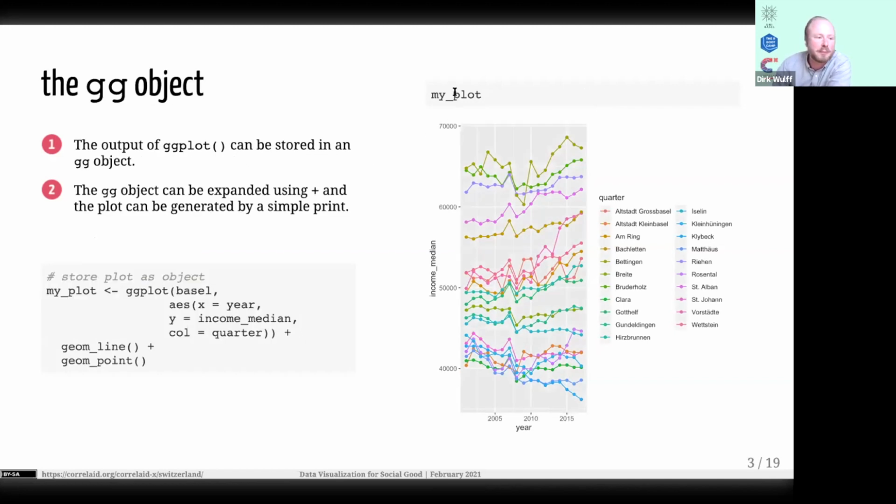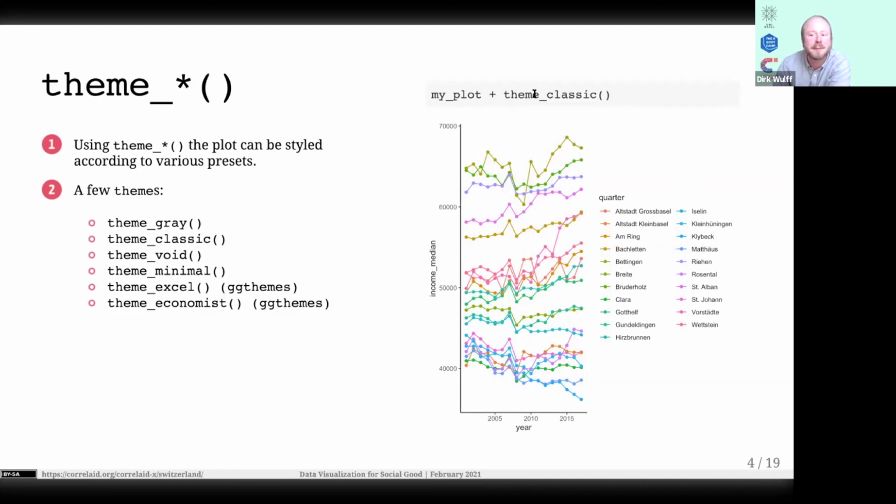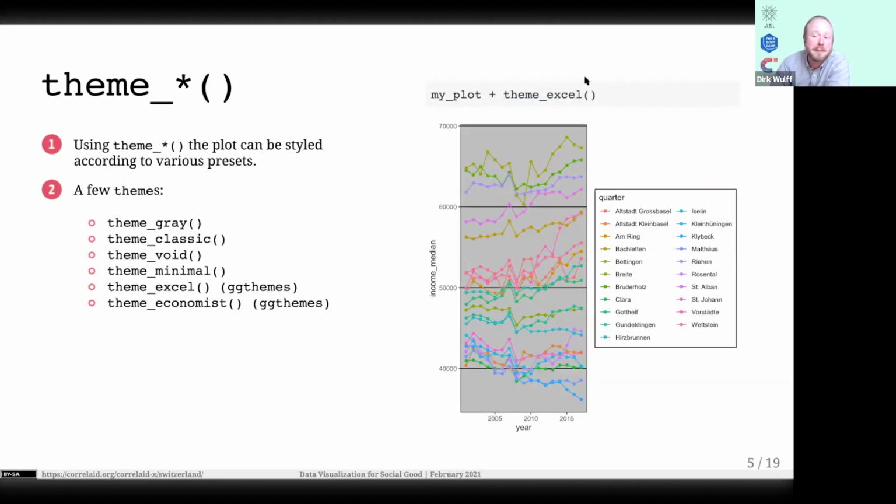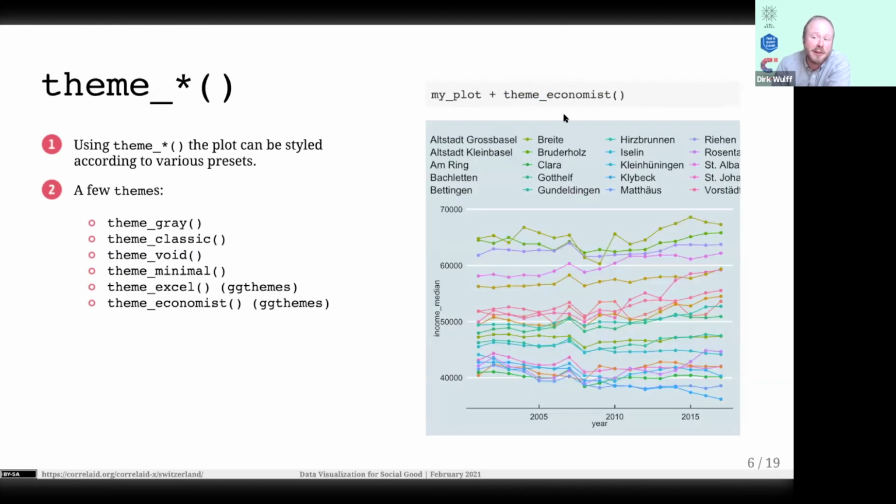So this was our plot before, and now we can just say plus theme_classic, and then we see a bunch of the aesthetic details of the plot change according to whatever that preset is, right? We can add theme_excel to make it look a bit like old school Excel, if that is your flavor. You can use theme_economist, which comes from an extra package, to make it look a bit like The Economist, right?